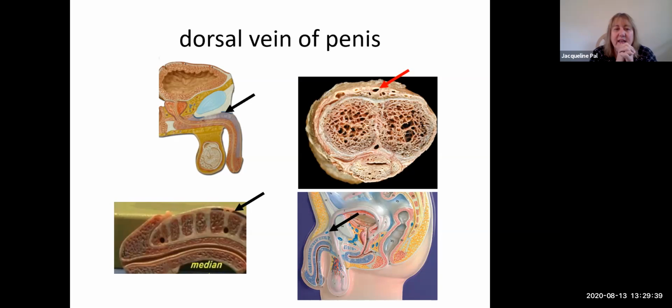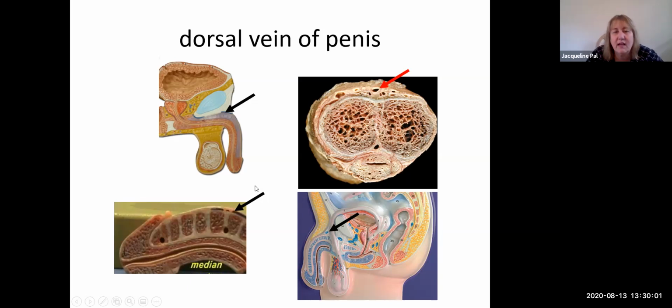And lastly, if we look above the corpora cavernosa in this view, there is a very prominent vein which can be seen on the models as a blue structure right here, right there, and right there.